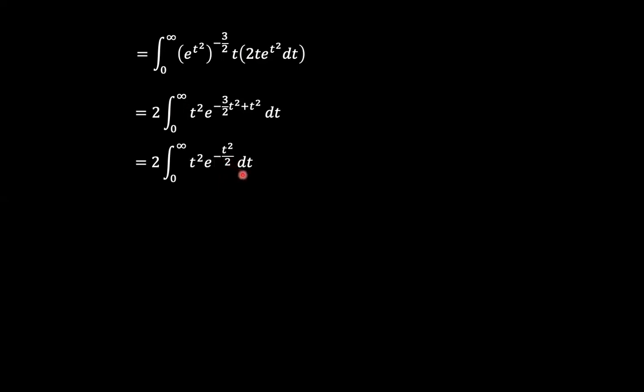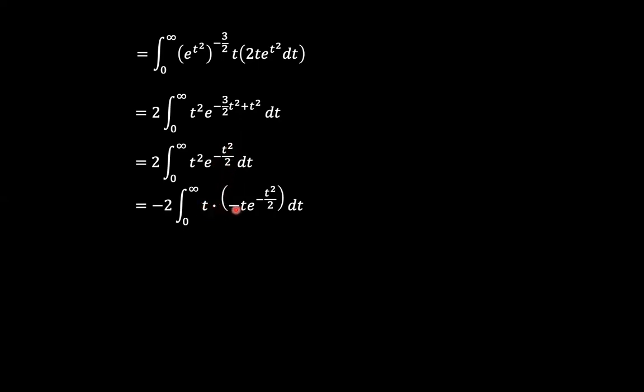Now we're going to use the Gaussian integral, the one-sided Gaussian integral, is what we'll focus on. But before that, I'd like to show a few things. In order to eliminate this t squared, we're going to try and use integration by parts. By doing that, I have conveniently separated one t here into a bracket with this e to the power negative t squared over 2, and then we've kept one t out.